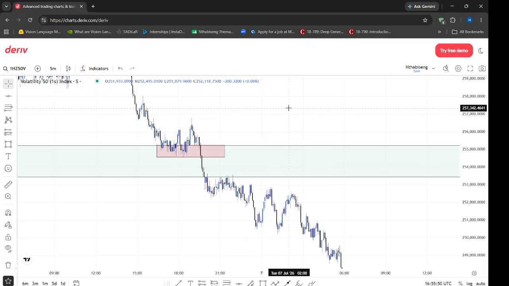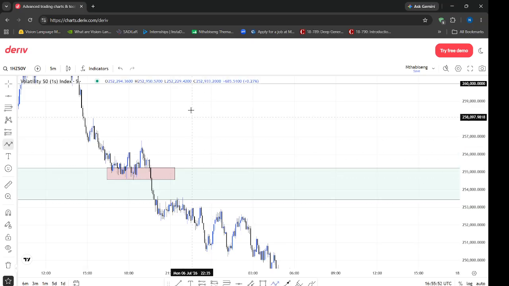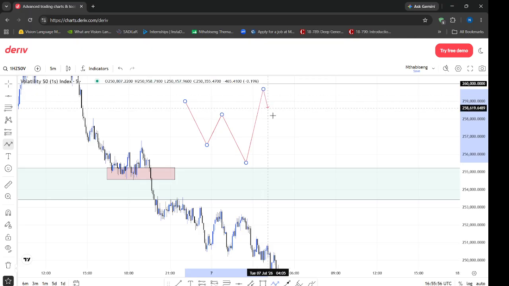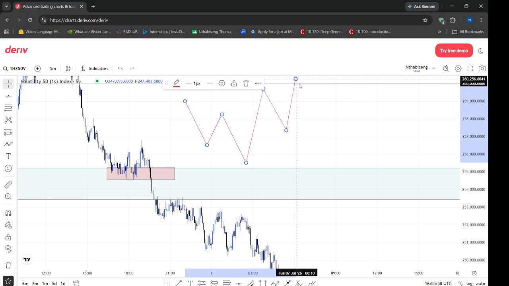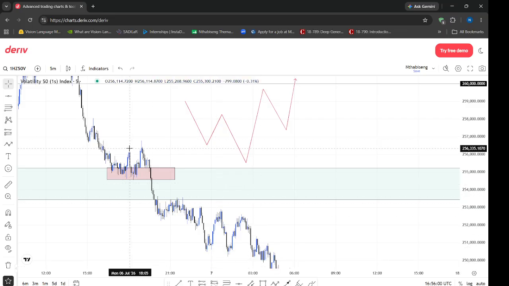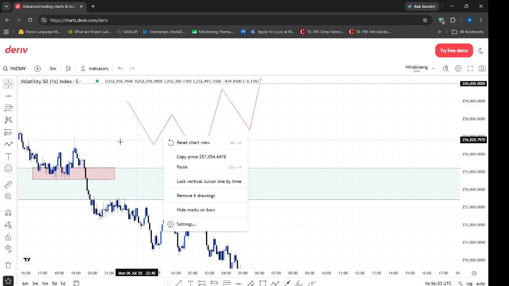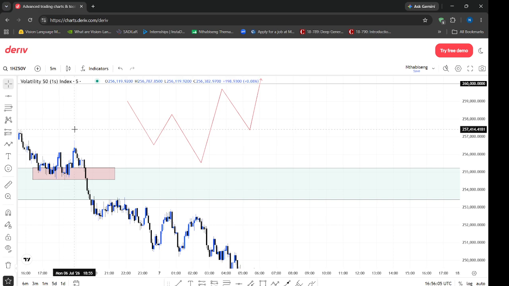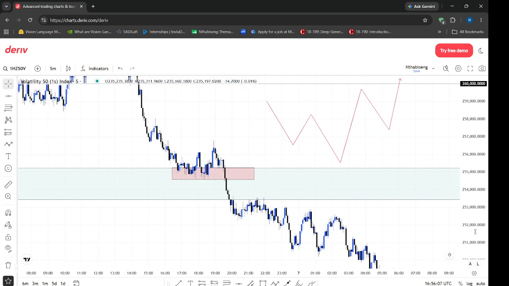So like I said, always wait for this pattern. Always wait. It's like a head and shoulders of some sort. And yes, I did get that on the 5 minutes time frame, so my trade was valid.